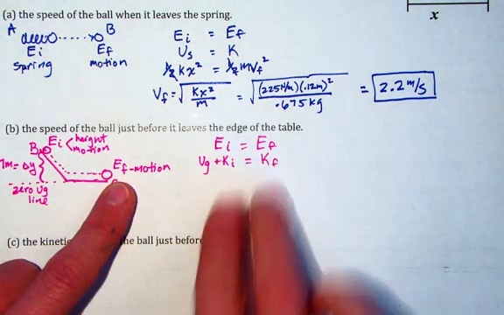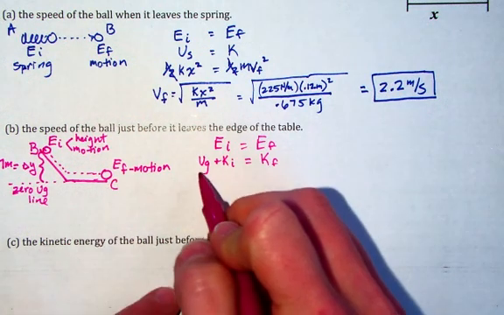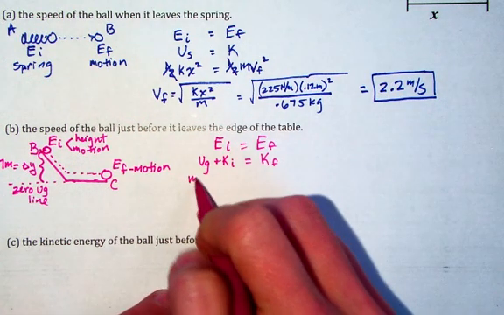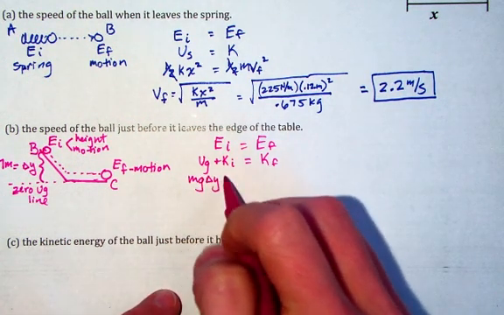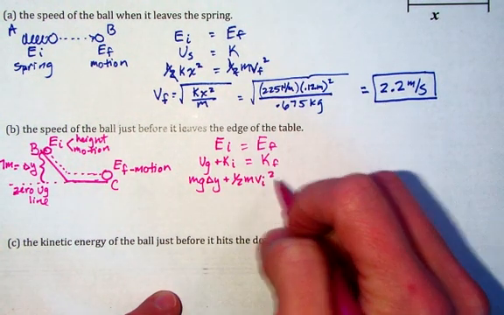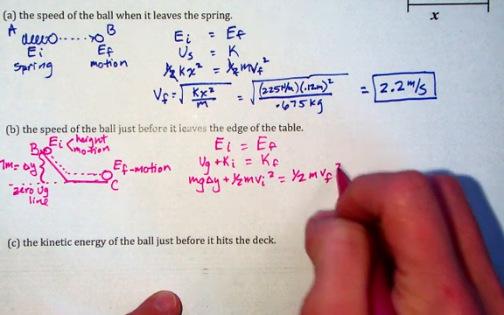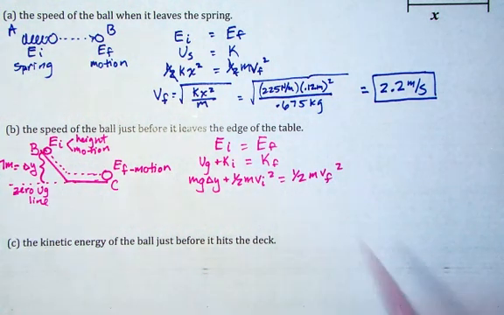And then once you have this set up, now we can go ahead and put the equations we have memorized. Potential gravitational energy is mg delta Y. Kinetic energy is 1/2 mv initial squared, and then that equals 1/2 mv final squared. What cancels out? The masses.